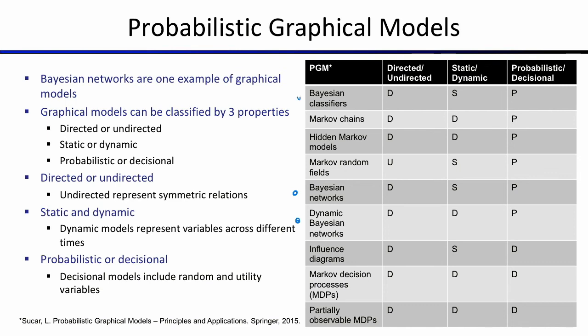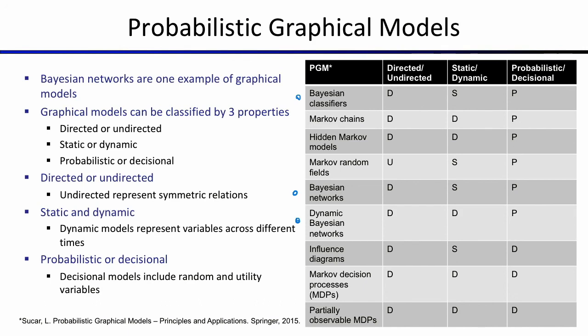We have what we call the Bayesian classifiers. We have a class that's going to touch those methods, but you can imagine Bayesian classifier like naive Bayes. It's a very simple sort of a Bayesian network, and it also directed, static, and probabilistic.